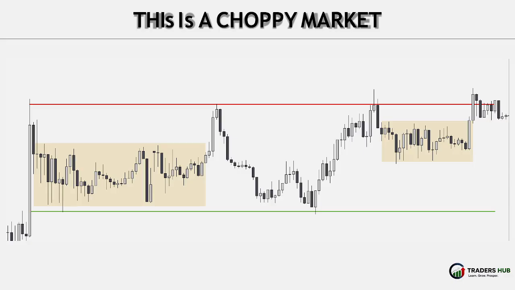In a trendy market, we will have either an uptrend or a downtrend, and we've looked at the dynamics of an uptrend and of a downtrend.